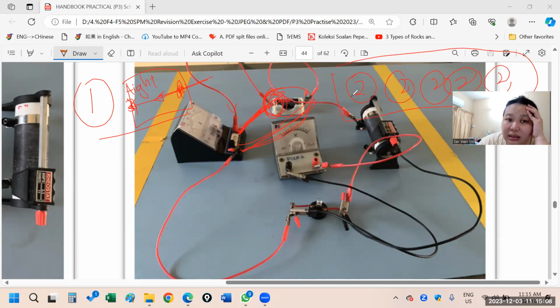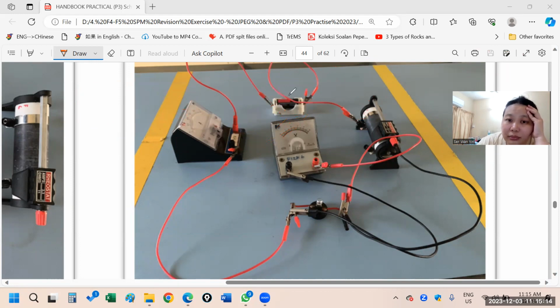I think all of you did this before, so just check. Check the ammeter, then connect it directly to the rheostat, then check the voltmeter, then the light bulb, like that only. Within one to 2 minutes you can check all.